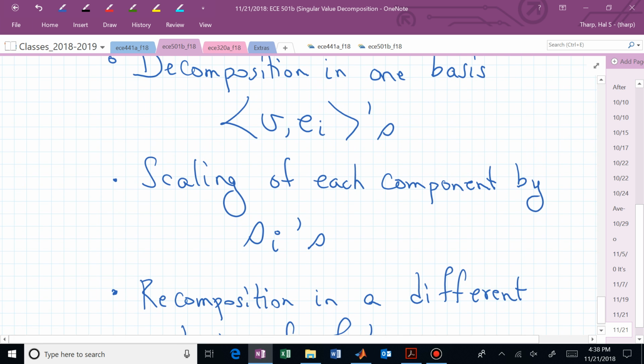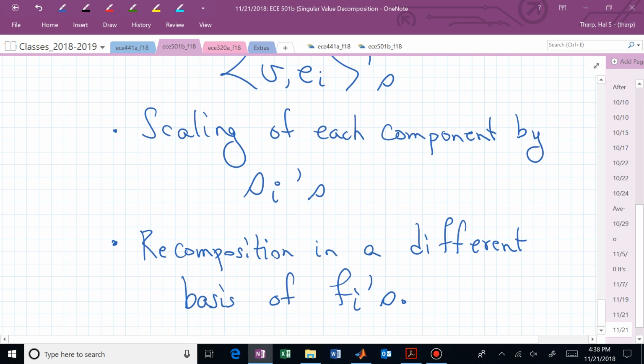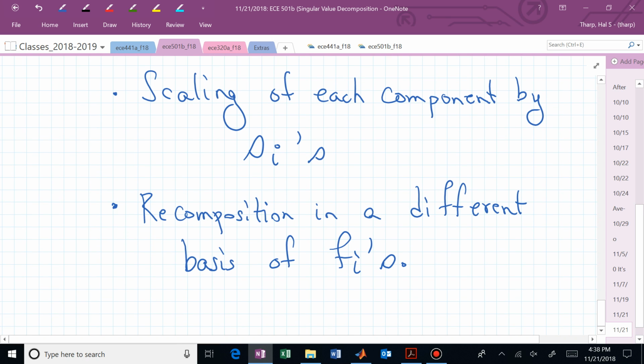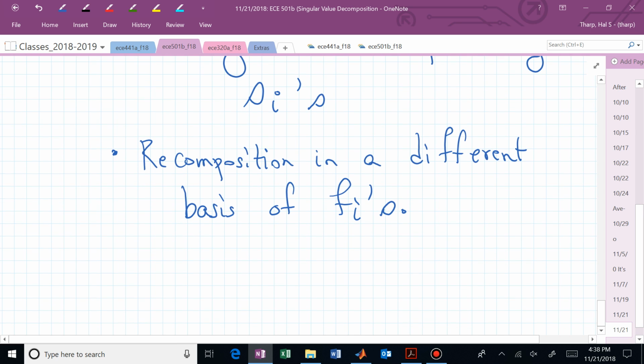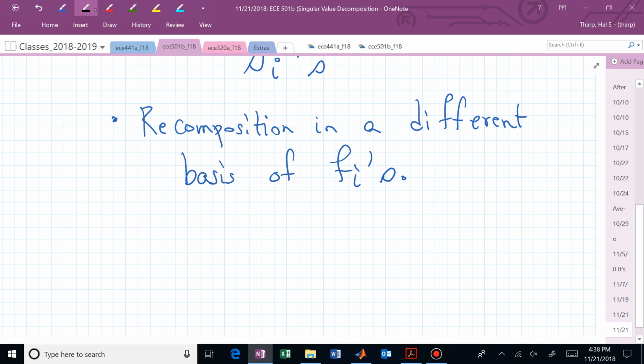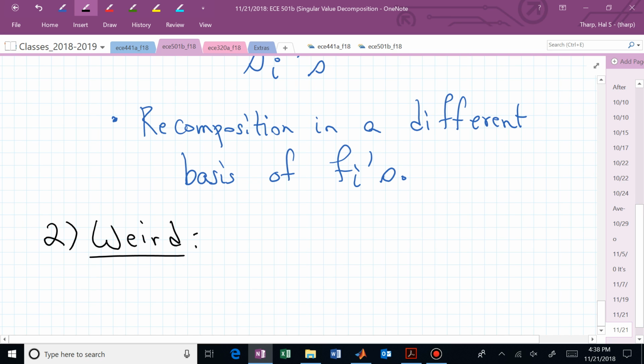We figure out how V is decomposed into the E, the input basis. Then we scale those, and finally we use that product of scalings to adjust or scale the output orthonormal basis F sub i's. And that's actually a little bit different than what we've been used to. That's a little bit weird because now we have two orthonormal bases.